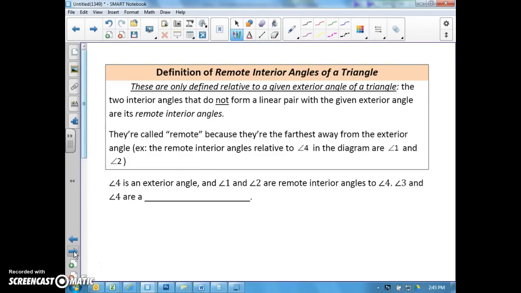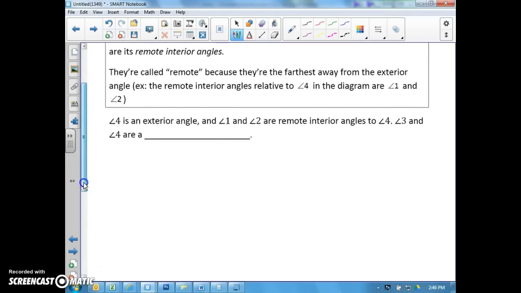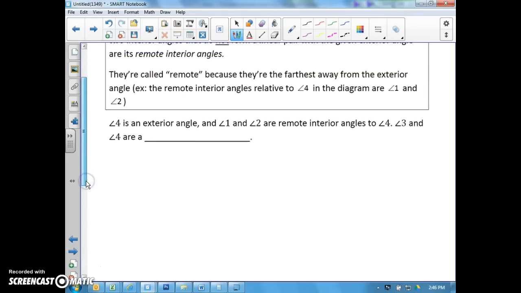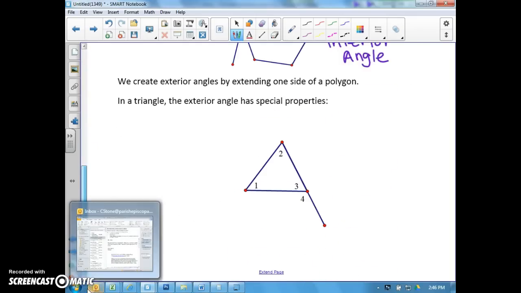We talk about remote interior angles of a triangle, which are only defined based on the location of the exterior angle of a triangle. They're the two angles that are the furthest away from the exterior angle. So here, my remote interior angles would be 1 and 2.